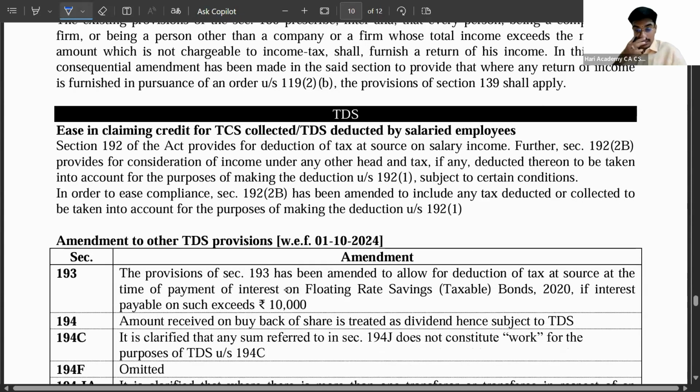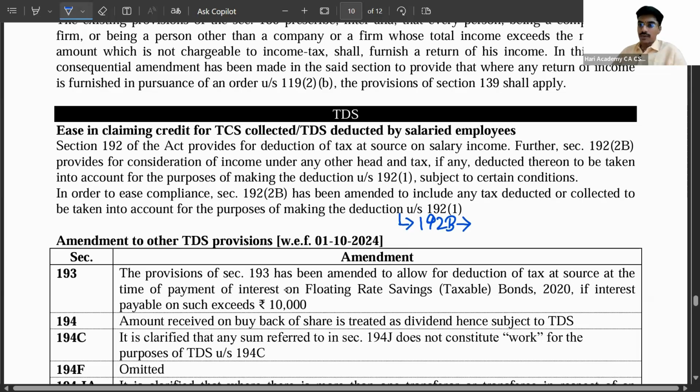Next is this TDS. This is one important point: 192 2B. So earlier what was happening is, as you all know, in case of a salaried person, the entire TDS has to be deducted by the employer on my total income.